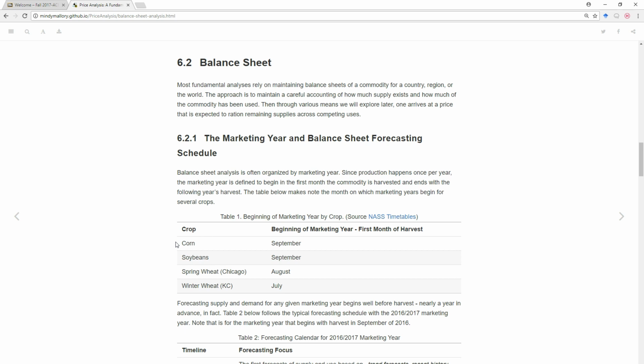And then we, in the Northern Hemisphere anyway, don't have any more corn come on the market until the next September. So the marketing year for corn begins in September when we harvest those first bushels. No matter when the harvest actually starts, we just define the beginning of the marketing year for corn to be September. And then talk about that being a September to August calendar year.